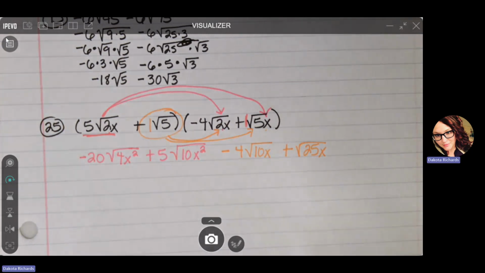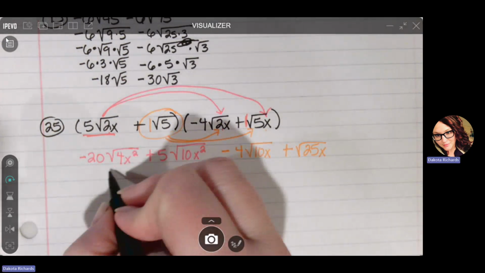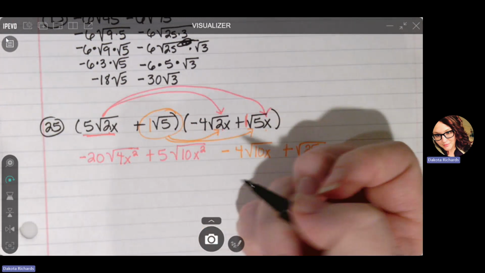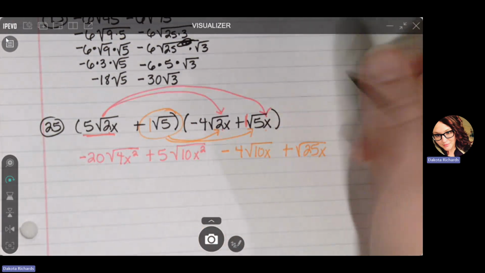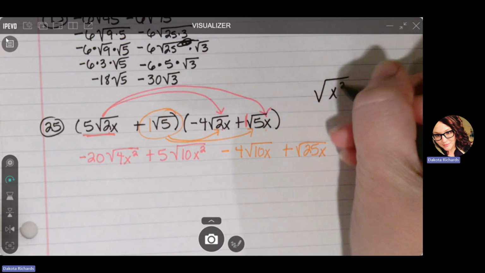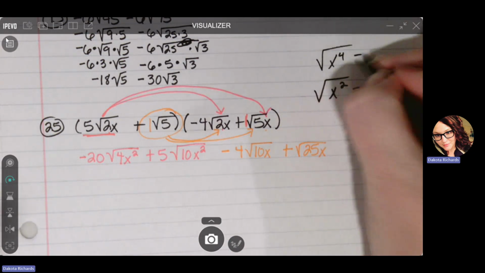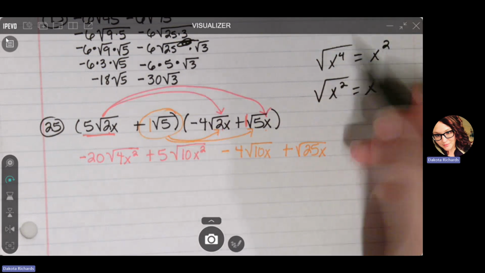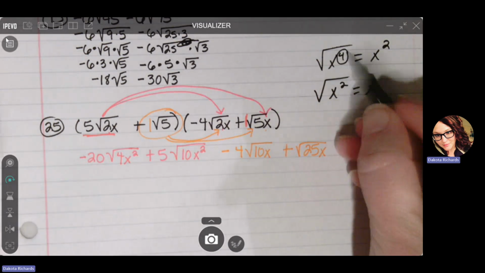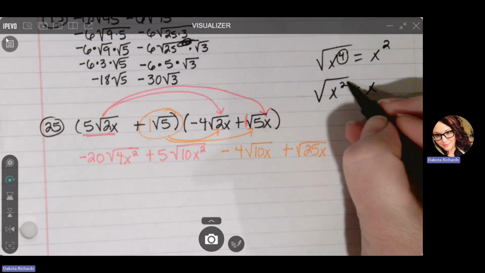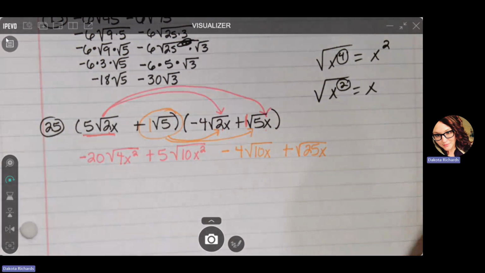So yeah, we can simplify this. -20 square root 4x squared. Well, just as a side note, the square root of x squared is x. The square root of x to the 4th is x squared. If the exponent is an even number, just divide it by 2, and that gives you your square root.